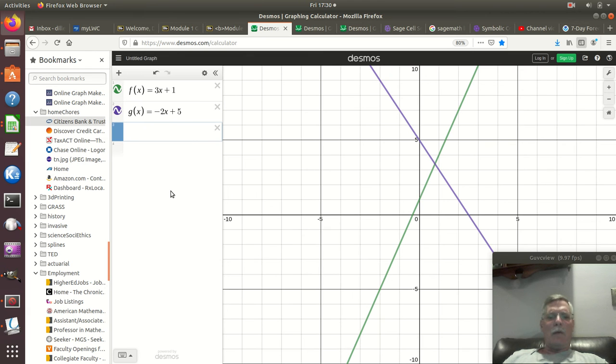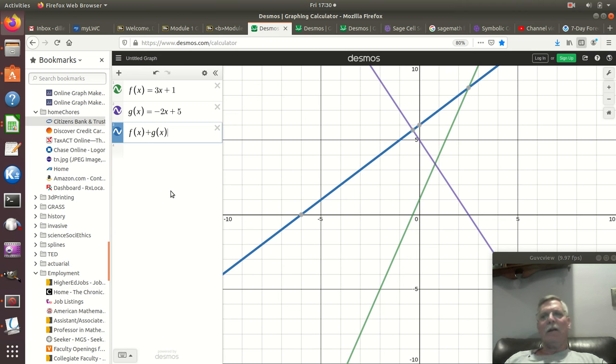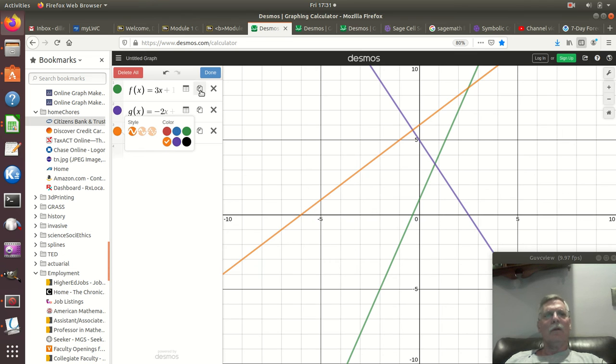Now what happens if I add those 2 things together? So there I've added them. I get this new thing. It's blue, so whoops, I don't like that. I'm going to change that to an orange so it looks a little different. Okay, so there's the orange line.